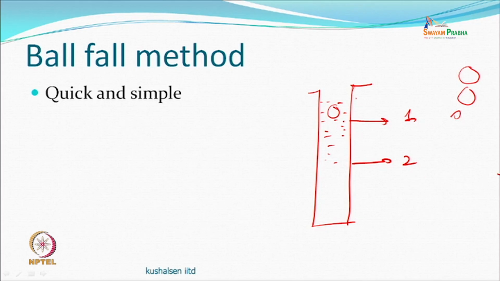If you start measuring time from the start, it will not be a good thing, because it is related to terminal velocity and not to any velocity. The terminal velocity is a constant value, all right. So, this is how you can measure that.